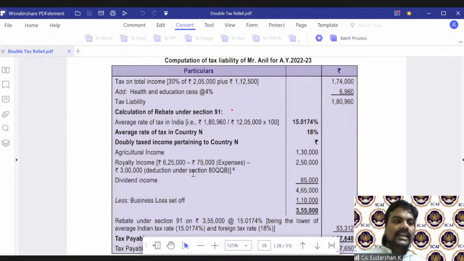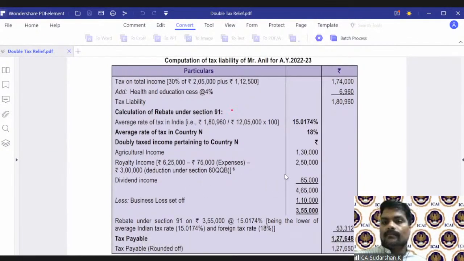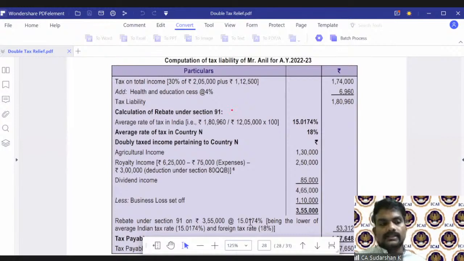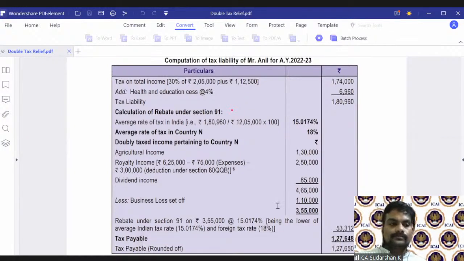Since I claim a deduction under 80QQB in royalty, my effectively doubly taxed income is only 2,50,000. Then there is a dividend income of 85,000, which works out to 4,65,000, and you can obviously set off your business loss. The final doubly taxed income works out to 3,55,000, which has to be restricted to 15%.